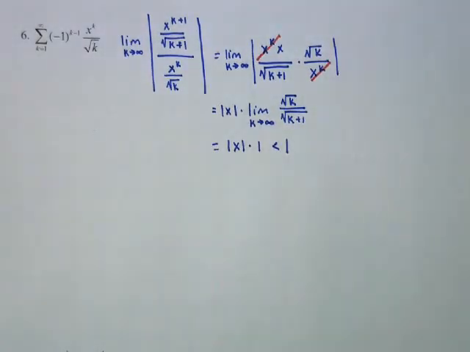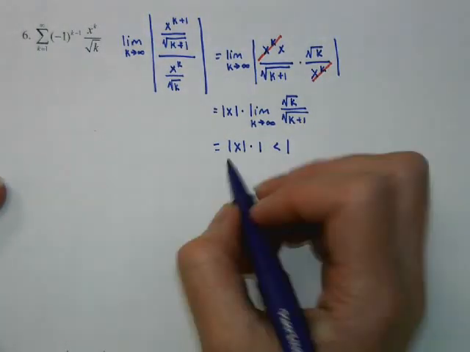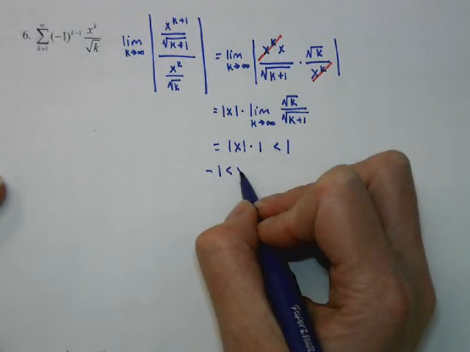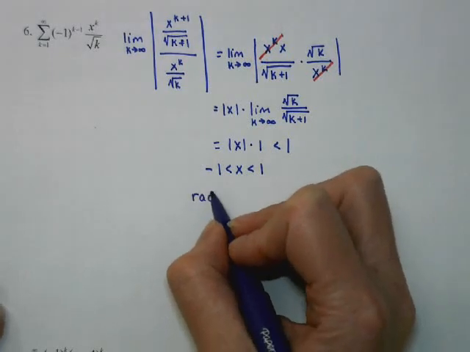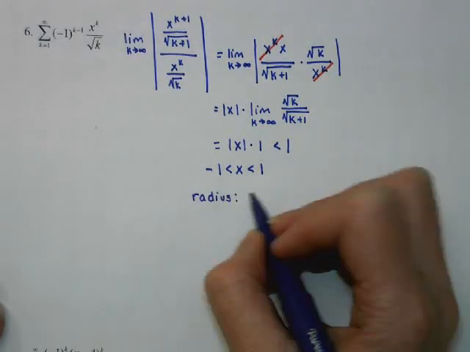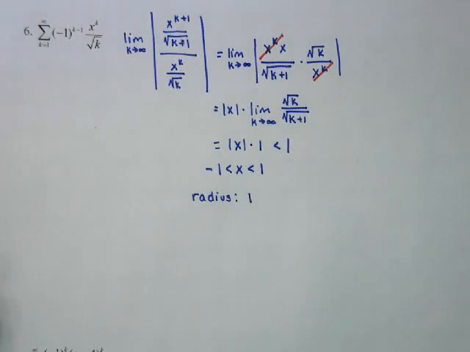So we want that to be less than 1 in order for it to be convergent according to the ratio test. So we want -1 to be less than x to be less than 1. At this point, we can identify the radius is 1. Okay, what we have to do next is test the endpoints.